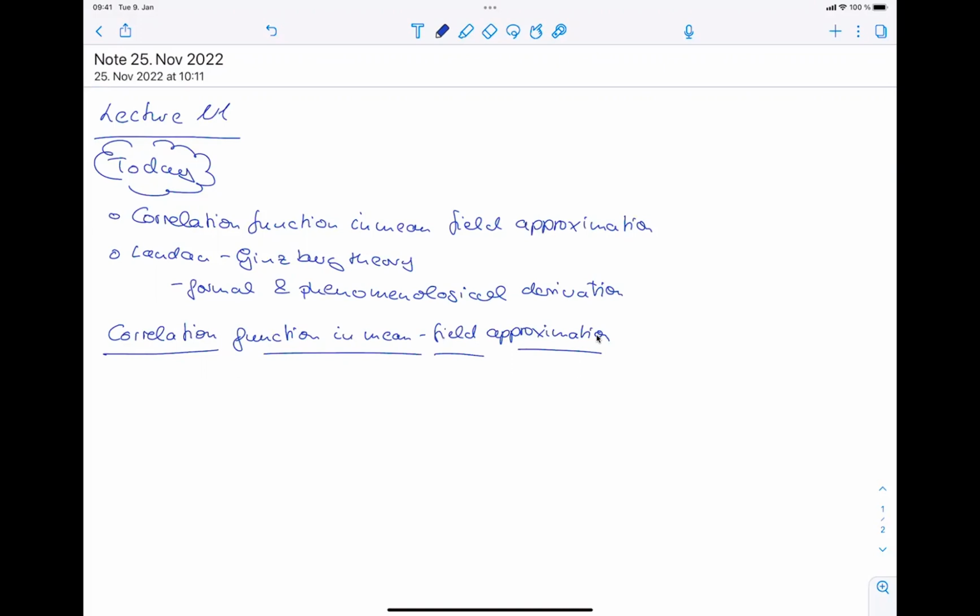And so the correlation function, in fact, is a little ill-defined in mean field theory, right? Because what you do is that you describe the field of your neighbors by the average of the whole field. So you basically throw away all correlations. And yet still we want to calculate the correlation function. And so the trick is in the end to not throw away all correlations, but keep some to first order.